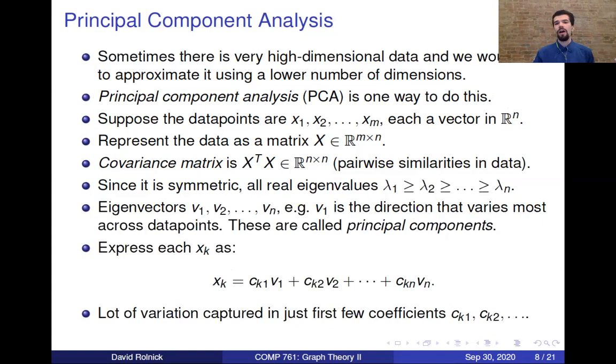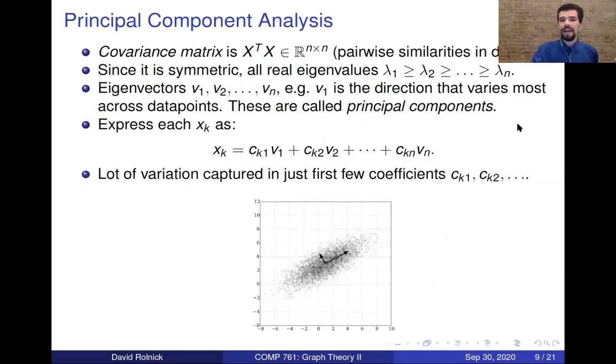Because they are the eigenvectors of this matrix, they are the dimensions across which the data varies the most. You can see that in this picture, for example, if you have this scatter plot of lots of data, and you can imagine this being high dimensional, if you look at the covariance matrix of this data and you pick out the eigenvectors, the eigenvector with the greatest eigenvalue is going to point in this direction.